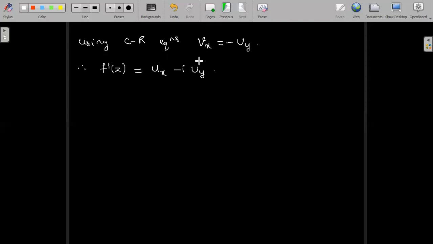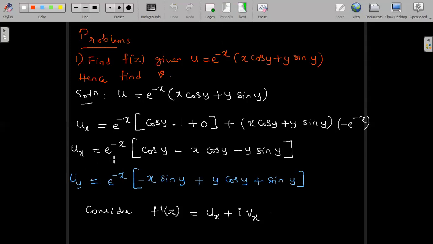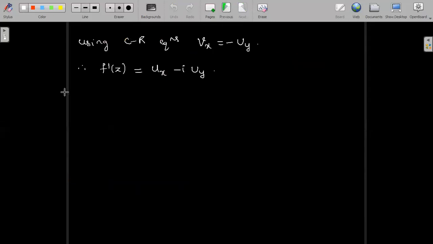So in order to substitute both the values, we are rewriting this f dash of z. So Ux is e power minus x into cos y minus x cos y minus y sin y. So f dash of z will be e power minus x into cos y minus x cos y minus y sin y.